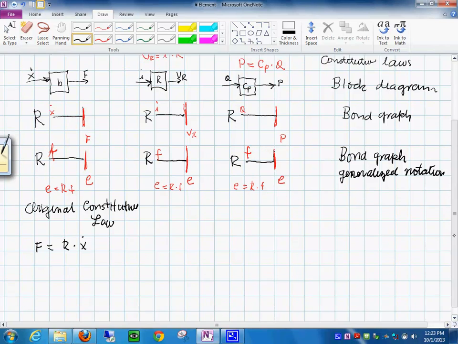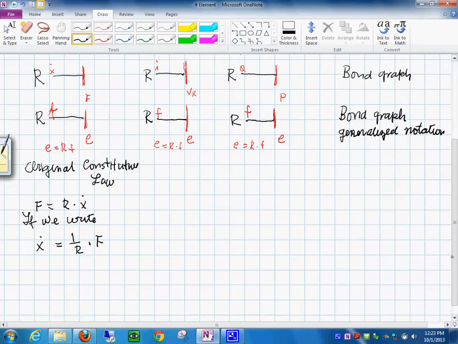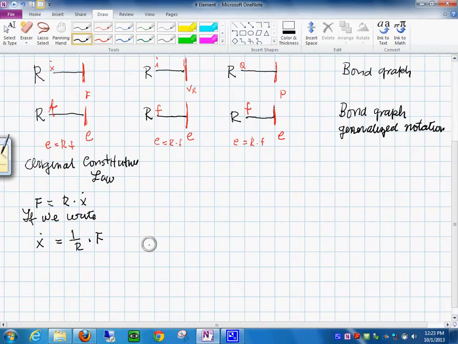But now I am going to write it differently. We write now that X dot is equal to 1 over R times F. So this is another form of the same law, just written a little differently from what we had in the past.